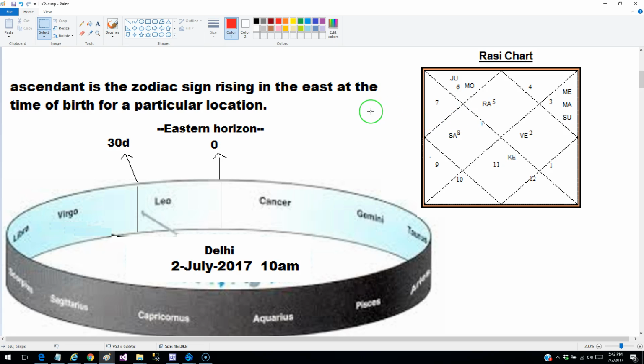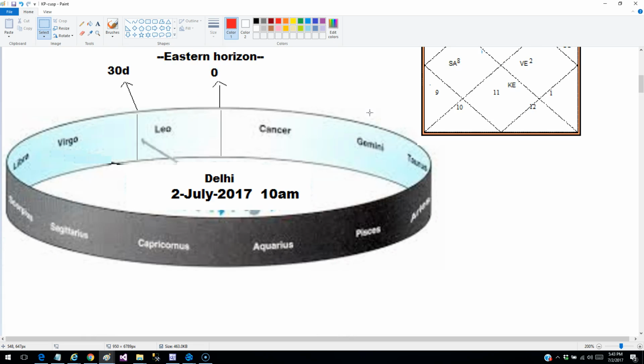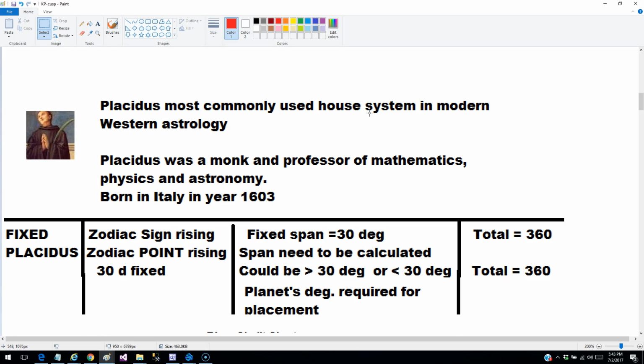But Krishnamurti didn't go for the traditional approach, and he adopted a different system of house division, which was more popular in the West, called the Placidus house system. It is very commonly used in Western astrology, and Placidus was born in 1603 in Italy, and he was a professor of mathematics and astronomy.